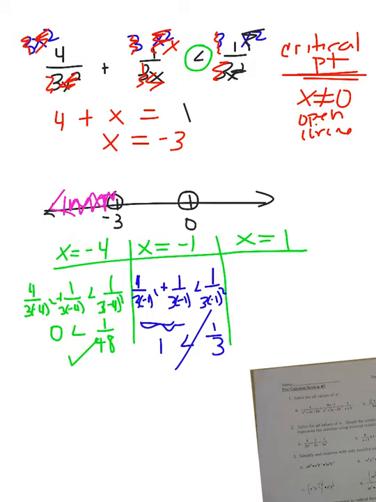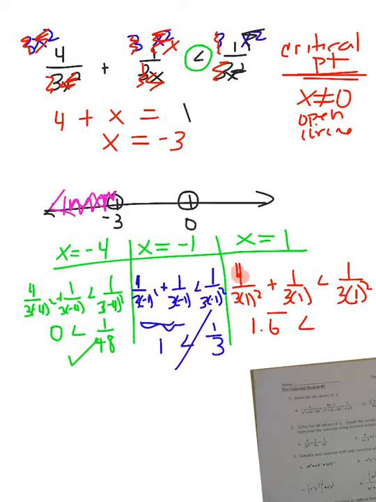Now let's try 1. So it's 4 over 3 times 1 squared plus 1 over 3 times 1. Is that less than 1 over 3 times 1 squared? What I get is 1.6 repeating.